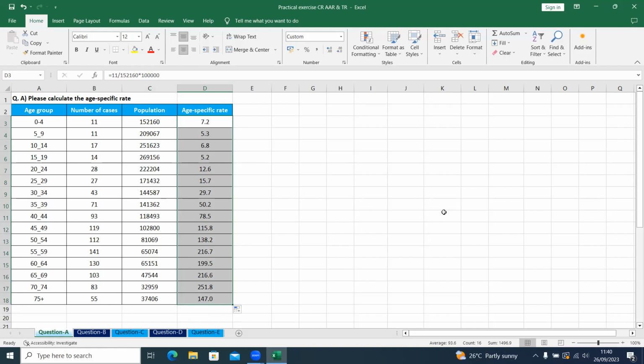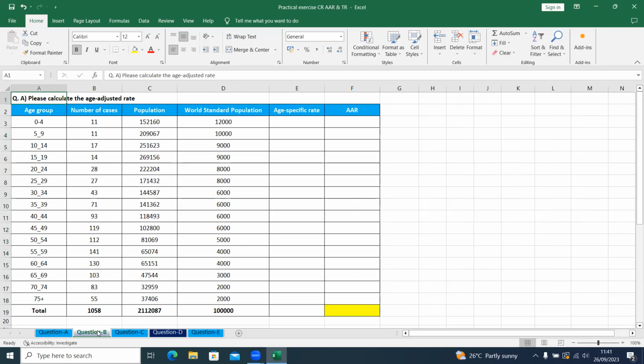Whether all are getting the same answer or any doubt here? No. Okay, I think how to calculate age specific rate is clear for all. So we'll move to the next question.